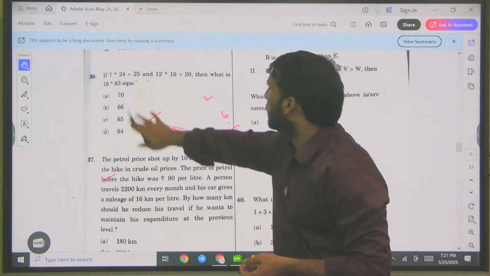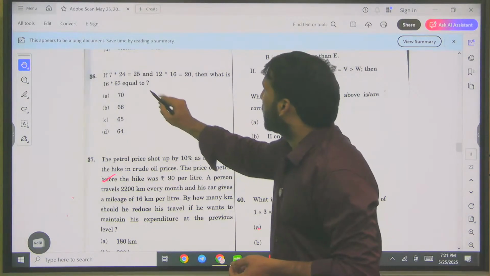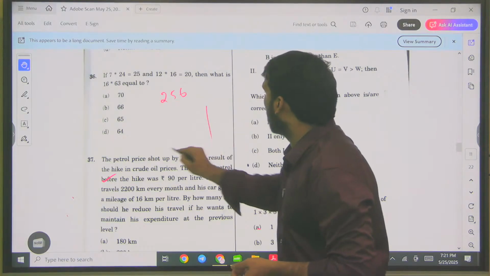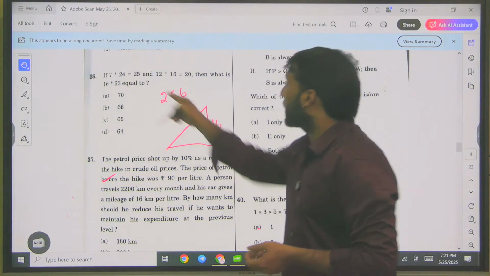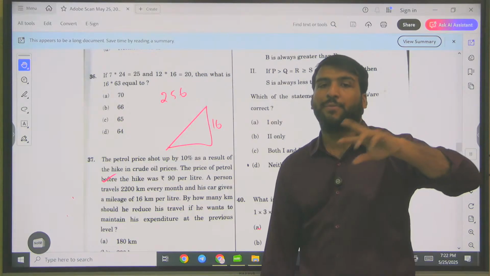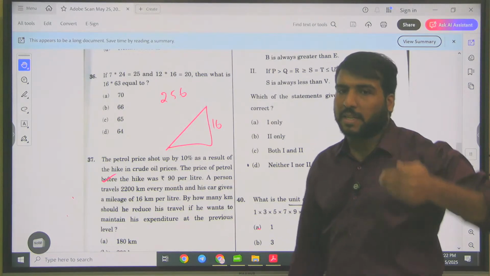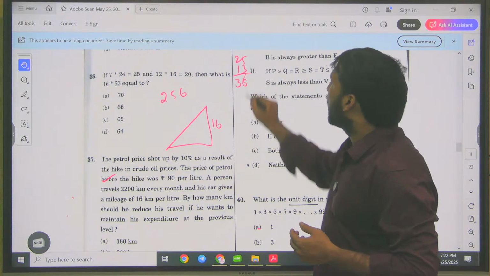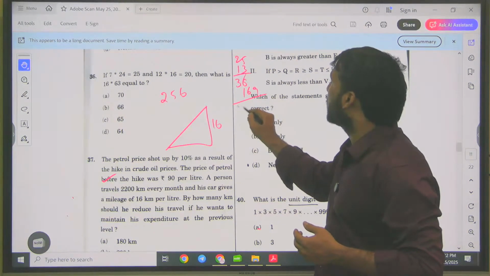Next, third one. 16 square 256, here it will be like this, right? Next he is asking 63 square. How to do 63 square? How much greater than 50? 13. 25 plus 13, shortcut. 25 plus 13, 38. 13 square 169. So 3969.